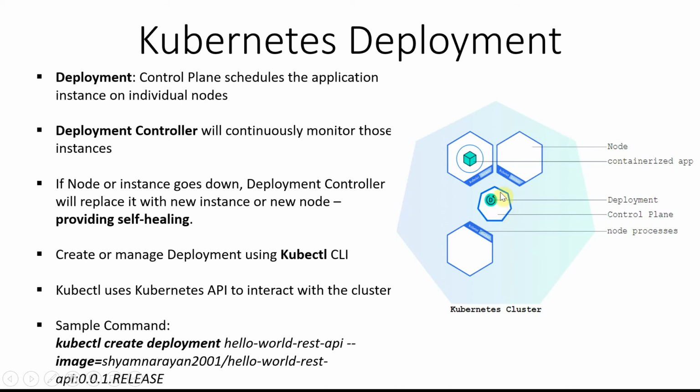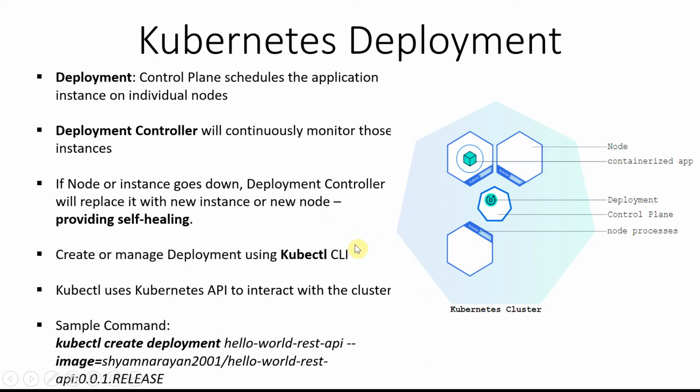Someone should monitor that this pod is deleted, and should bring up a new pod, right? Someone should monitor the state of your pod. That is done by the deployment controller. If any node or instance goes down, the deployment controller will replace it with a new one, and that way it achieves the self-healing feature.